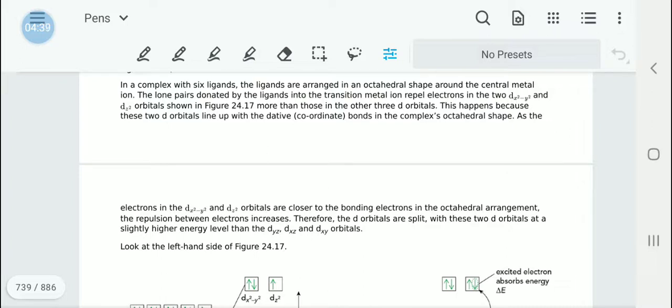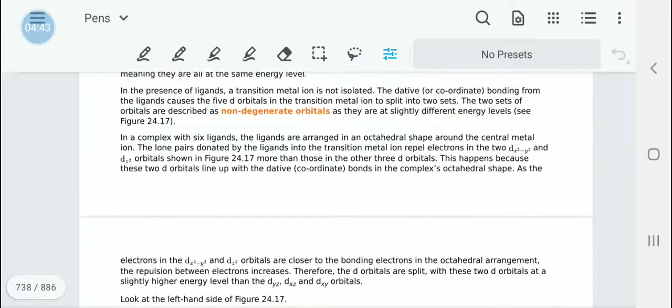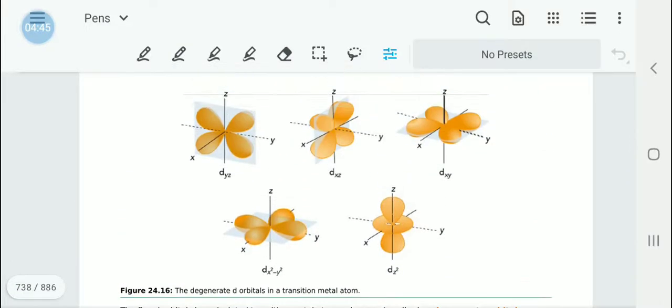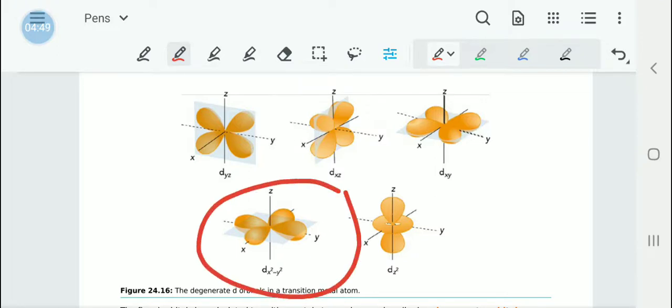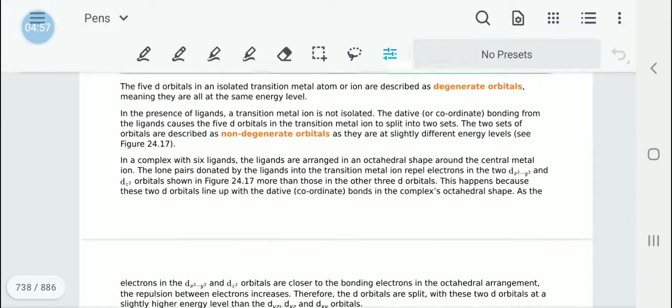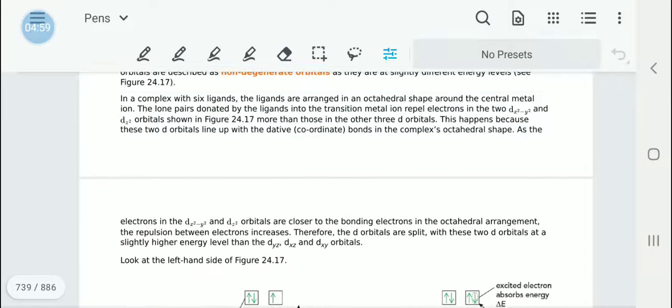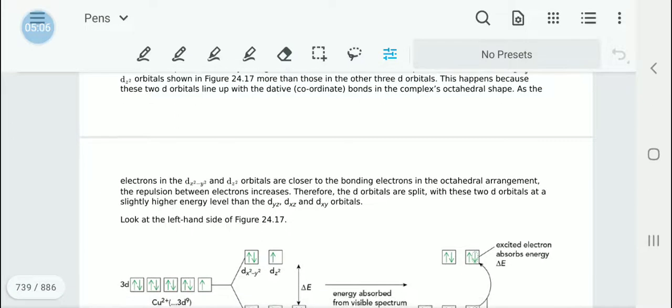So the repulsions increase because when these electrons are donated by the ligands, they will be arranged in this manner. As a result, there is going to be a separation from the original formation, and you are going to have excitement in these electrons.